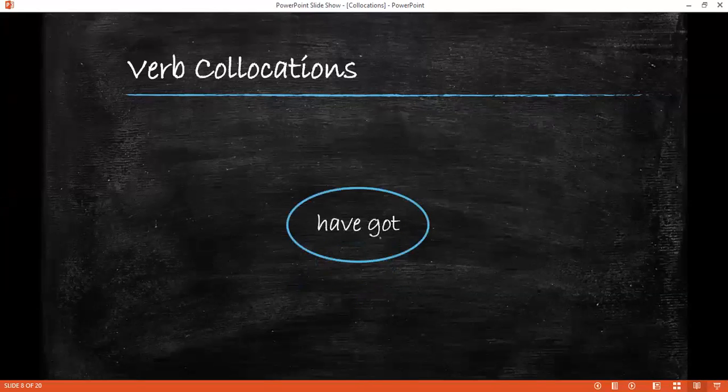Now there is another verb, have got. Now look very carefully. We can use the noun job with it. Have got job. I have got a job. Okay, have earache. I have got earache.